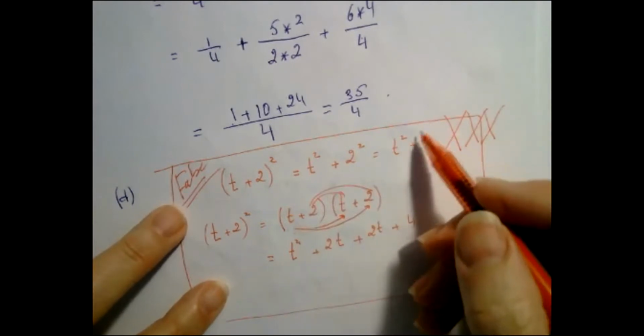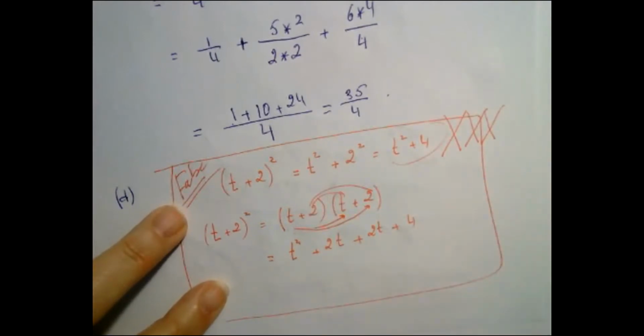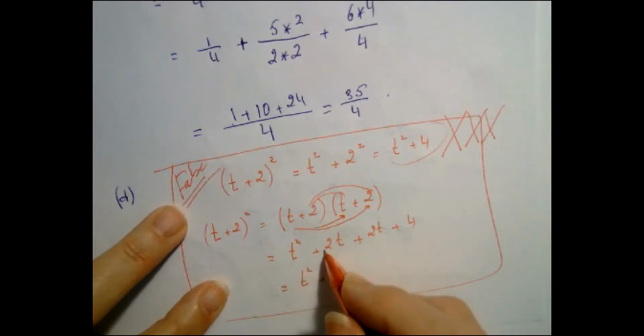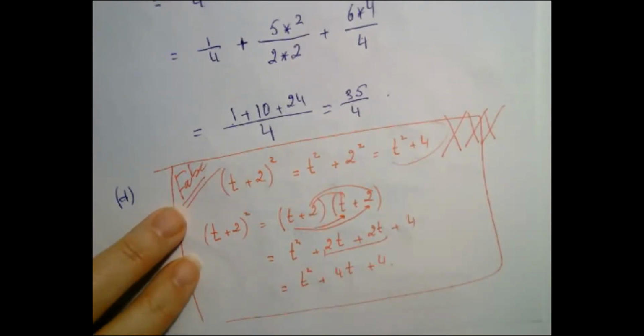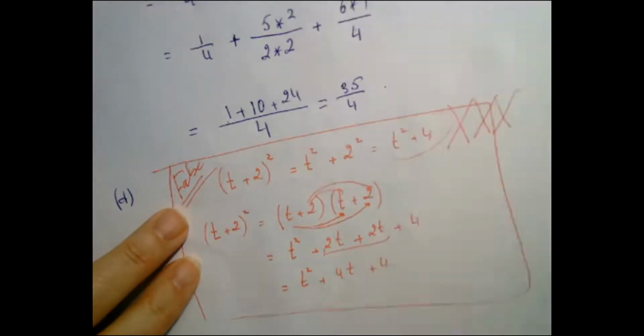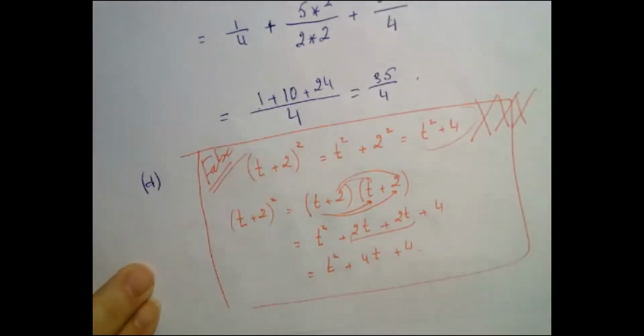So it's definitely not t squared plus 4. Basically, this is t squared, and if I combine those two, I get 4t, plus 4. Okay?